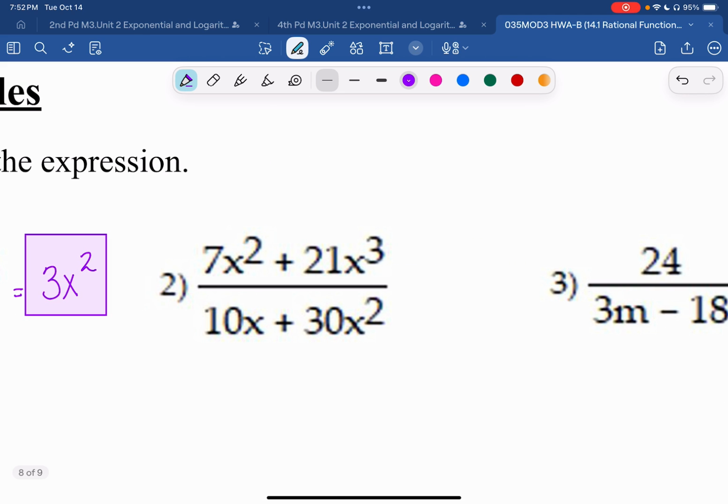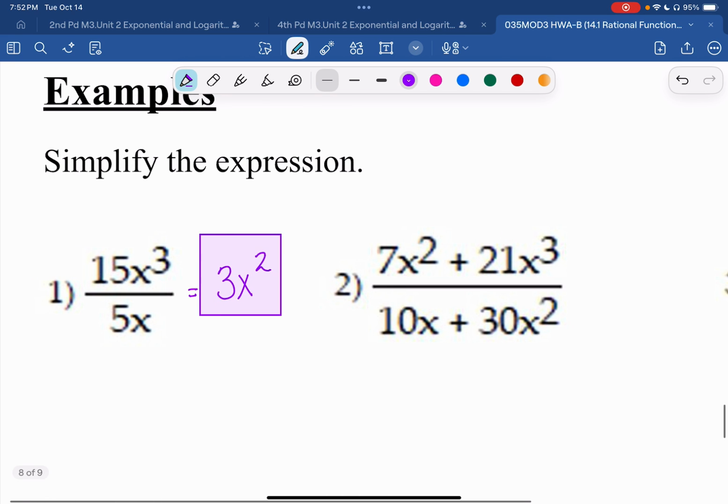Number 2. I do have something I can factor here. So I'm going to try to factor before I do anything. I can't go and start crossing out x's here like I did in number 1 because of these plus signs. Only do that if you have a monomial. Remember that's one term.